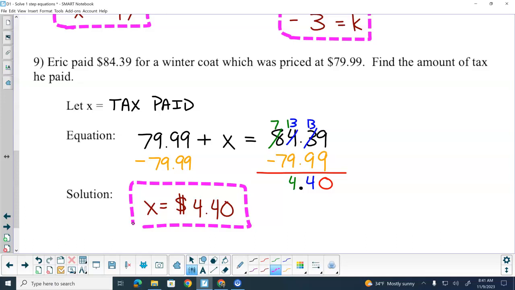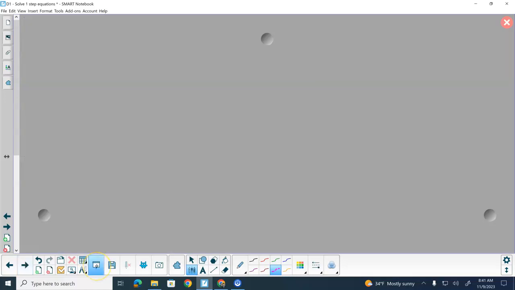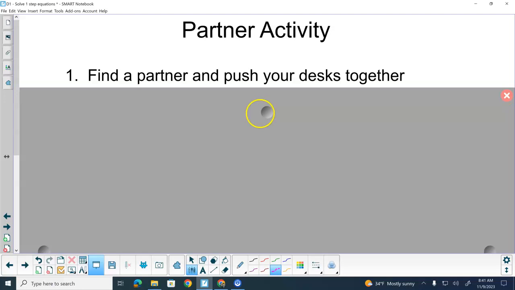Okay, so what I need you to do right now, we're going to do a quick activity because I really wanted to get to it. I need you to find a partner and push your desks together. Go. Do that now. All you need is a writing utensil with you. You cannot do a group of 3.